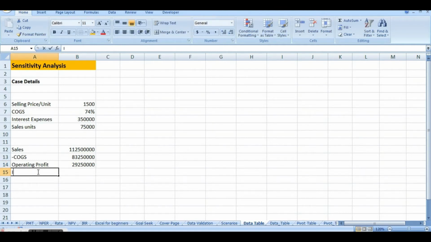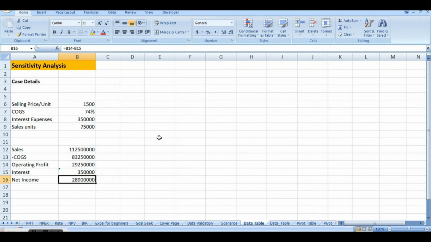The interest amount for the organization is fixed at rupees 3,50,000 per annum, and this gives us our net income at these current levels, which we can find out by deducting interest from the operating profit, and it gives us the profit as 2 crores 89 lakh rupees at these current levels.